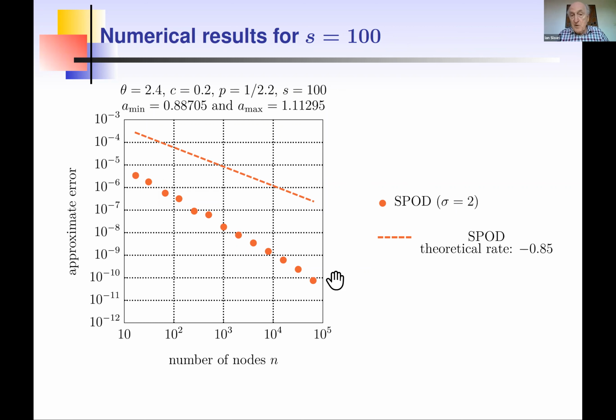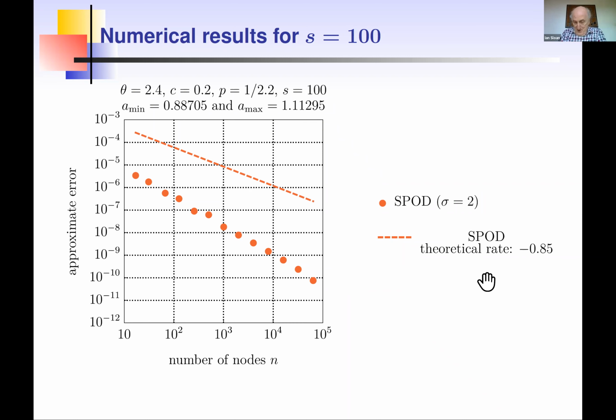But I do want to emphasize that we can actually do this. We can actually go up to 100 dimensions, and up to 50,000 points, no problem. The dashed line is the predicted rate of decay, so clearly we're doing much better than the predicted rate. Is that impossible? It's impossible for the worst case error, but it's not impossible for a particular function. So we think that's okay.